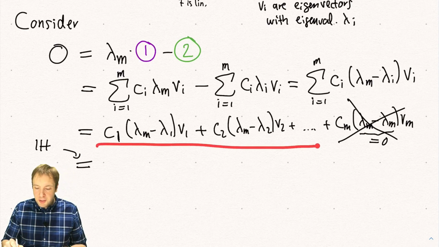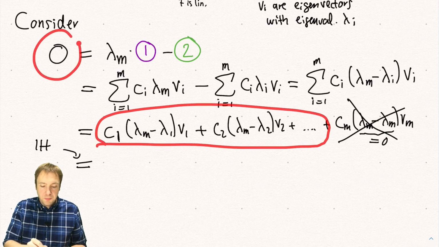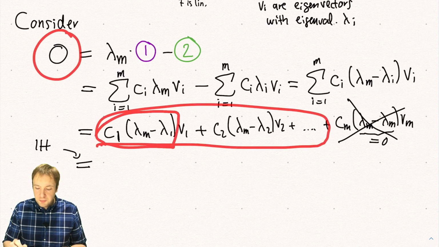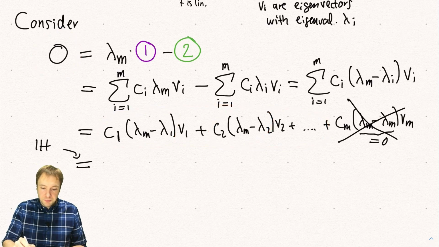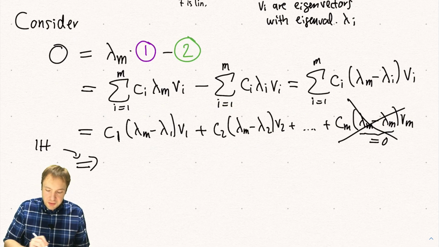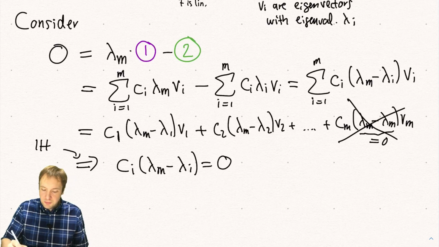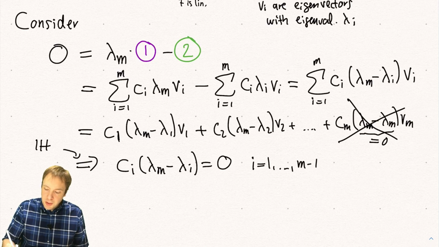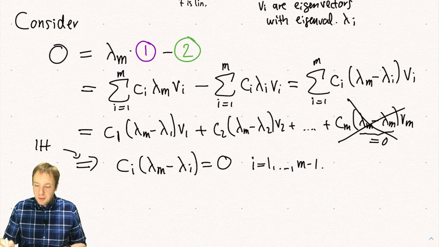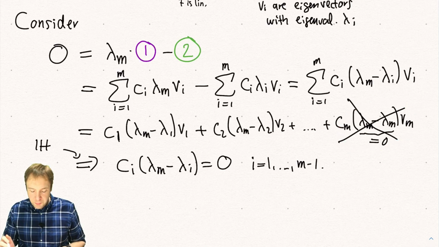We have a linear combination of these vectors which is 0. This means the coefficients need to be 0. So the induction hypothesis implies that these coefficients, ci times (lambda m minus lambda i), all need to be 0, where i goes from 1 to m minus 1. This part here doesn't play any role.